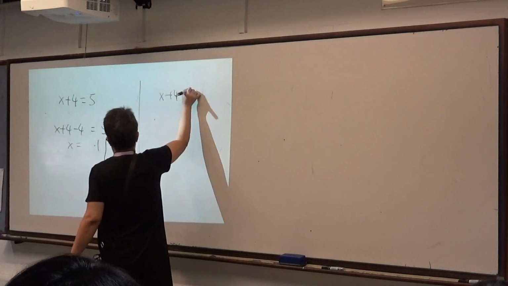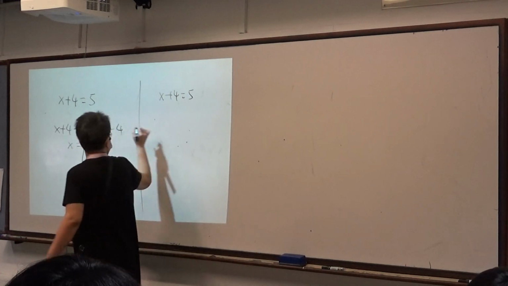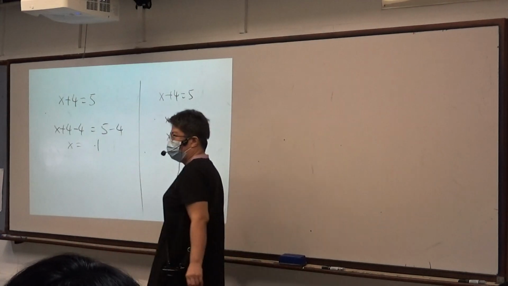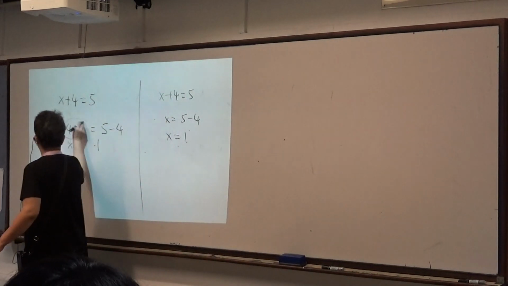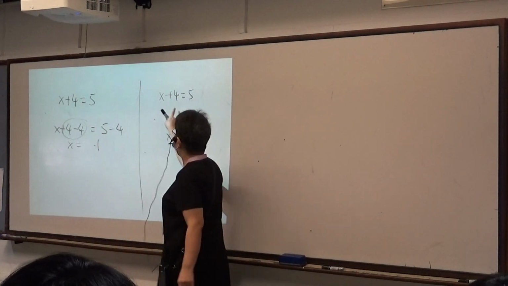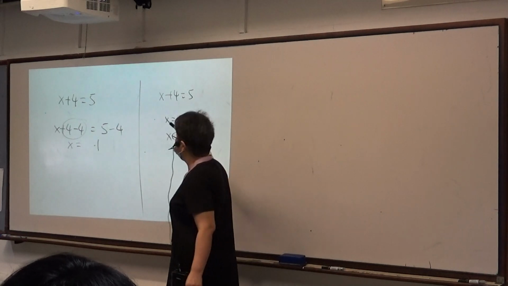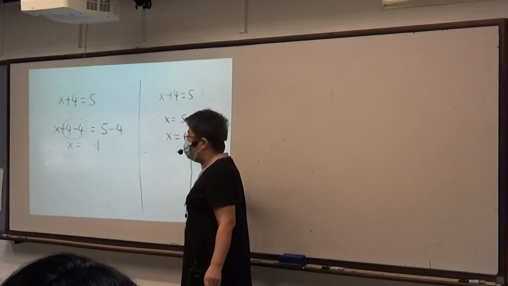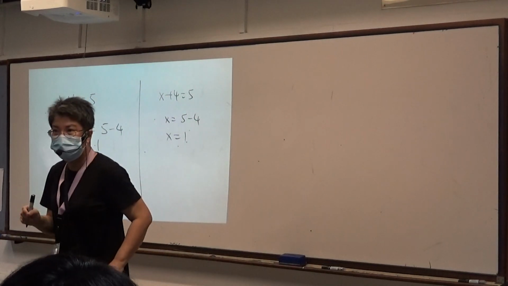But if I present it this way, all of you look up. x plus 4 equals to 5. I omit this 0 there. That is x equals to 5 minus 4, x equals to 1. Can you see it's the same working? I'm doing the same thing to both sides.